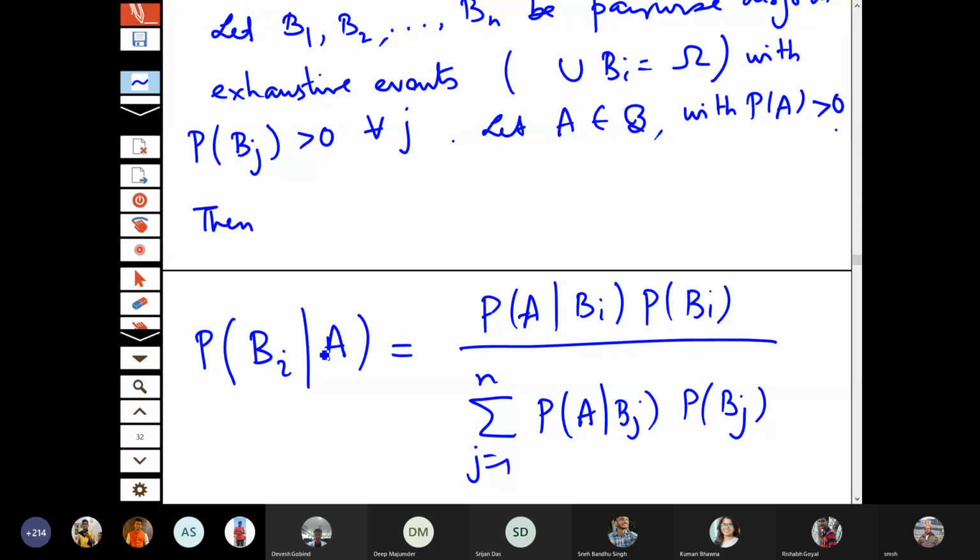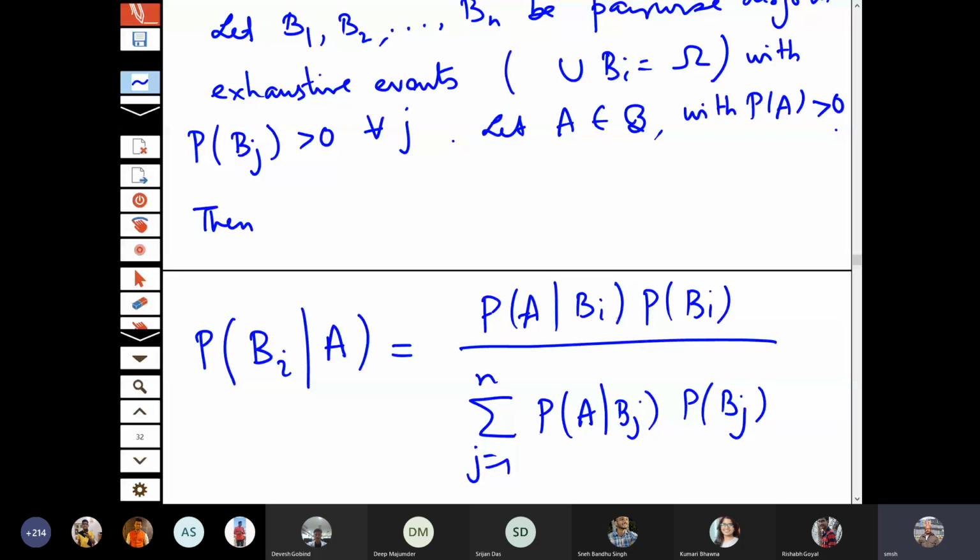So this is something like asking, suppose the IC that we chose is defective. What is the probability that it was supplied by the first manufacturer? What is the probability that it was supplied by the second one, or by the third one? So we are looking at the probability in the reverse sense.